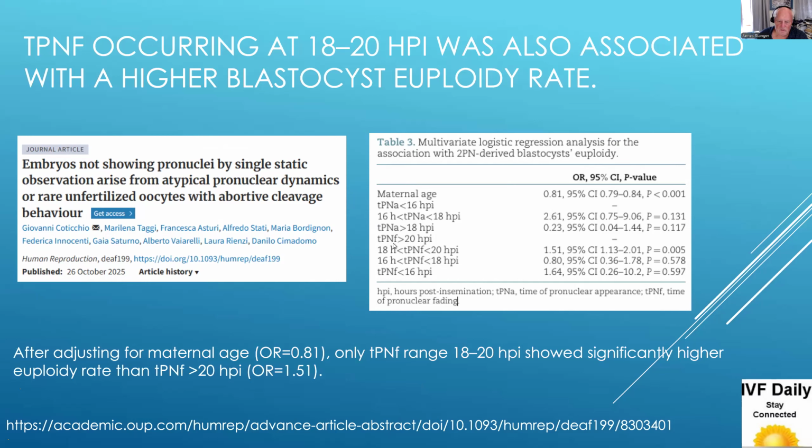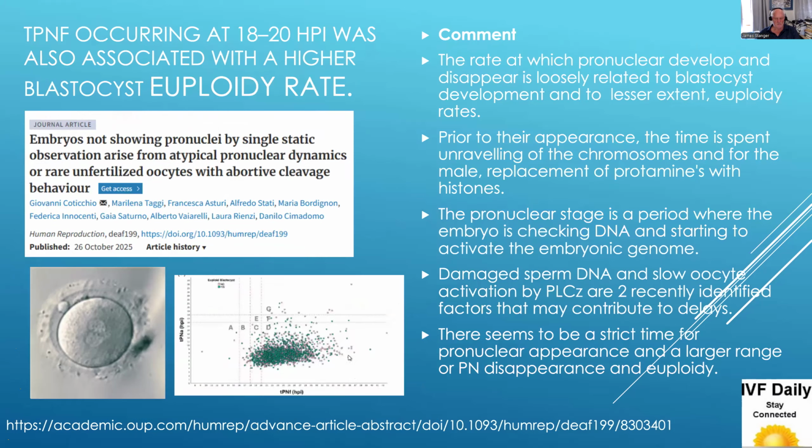However, if you look at the time when pronuclei disappeared, after 20 hours compared to 18 to 20, there is a highly significant increase in the likelihood of that blastocyst being euploid, and less so if the pronuclei disappear before that. So after adjusting for maternal age, only the time of fading, 6 to 18 hours, shows a significantly higher euploidy rate than if the pronuclei fade after 20 hours.